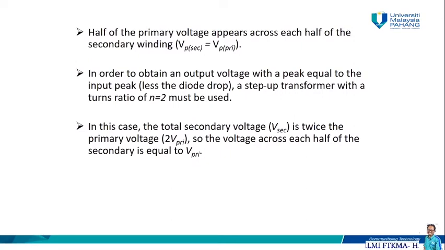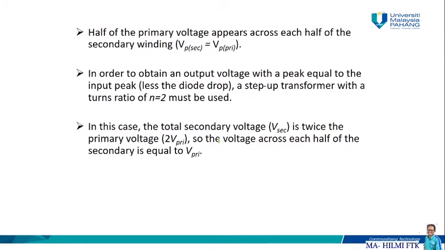This is one important part. Half of the primary voltage appears across each half of the secondary windings. We know that the secondary peak voltage is equal to the primary peak voltage. In order to obtain an output voltage with a peak equal to the input peak less the diode drop, 0.7 volt, a step-up transformer with a turns ratio of N equal to 2 must be used. In this case, the total secondary voltage is twice the primary voltage, 2V primary, so the voltage across each half of the secondary is equal to V primary.